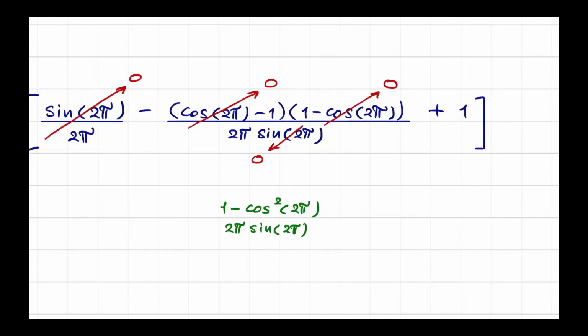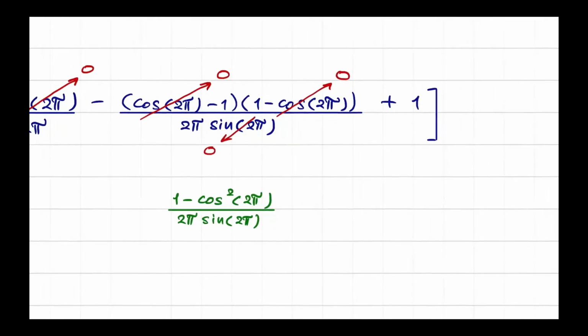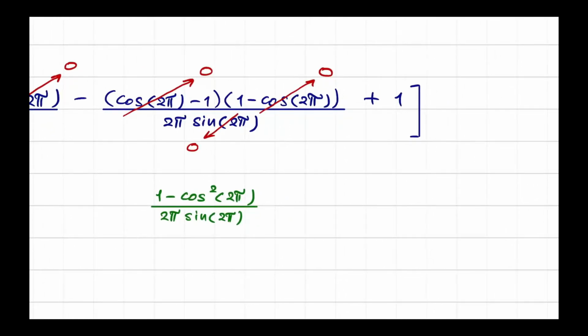Let's see. You differentiate, you get minus, differentiate cosine square now. What is it? Let my brain differentiate cosine square.